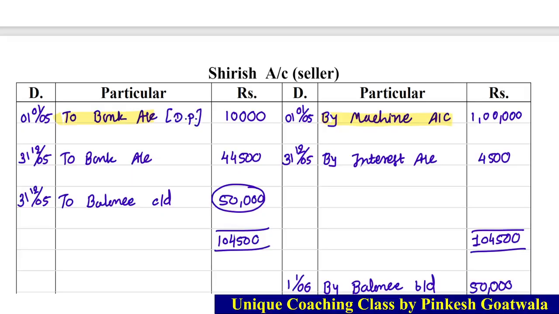Then this bank account is for the installment. This is for the installment, and this one versus is for the interest. So what to do now?